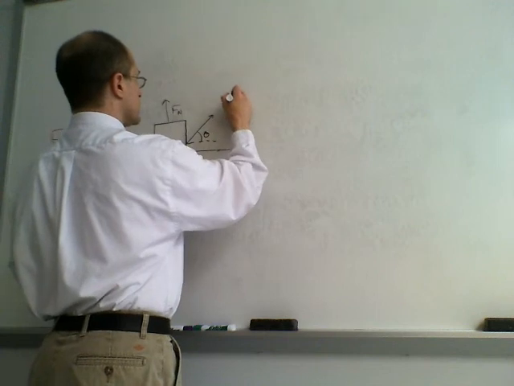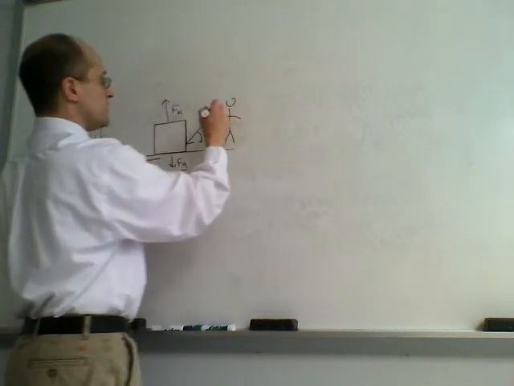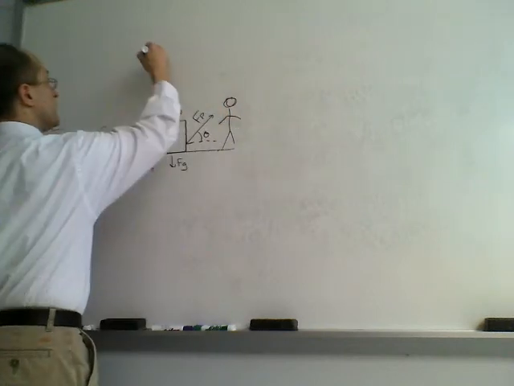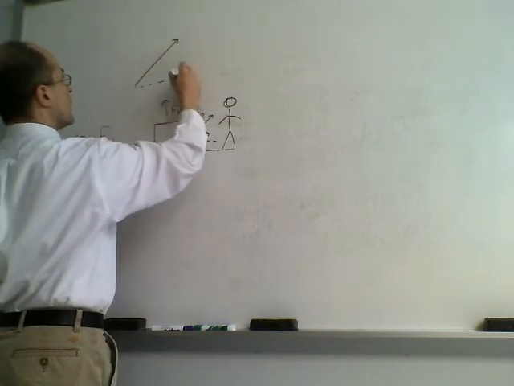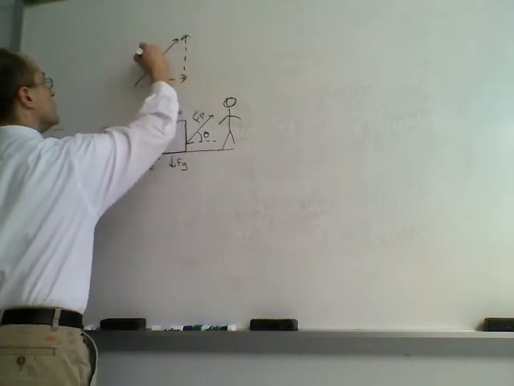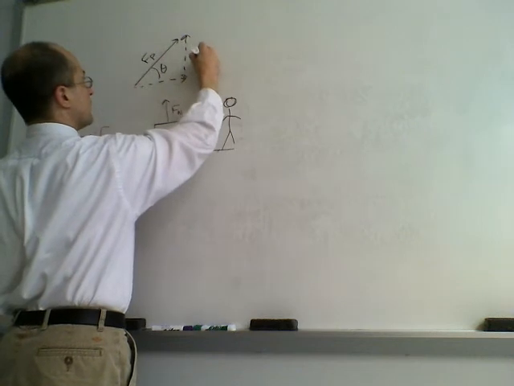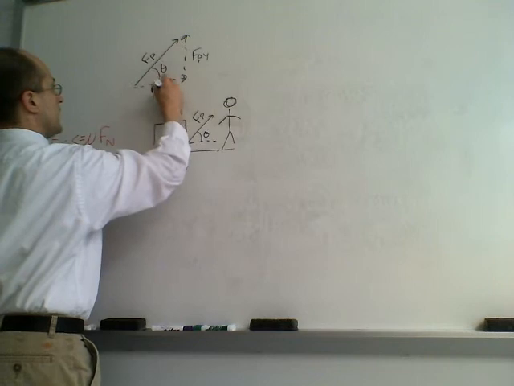When we pull up at some angle on the rope, we have a force triangle, so the force of our pull, Fp, needs to be broken into Fpy and Fpx.